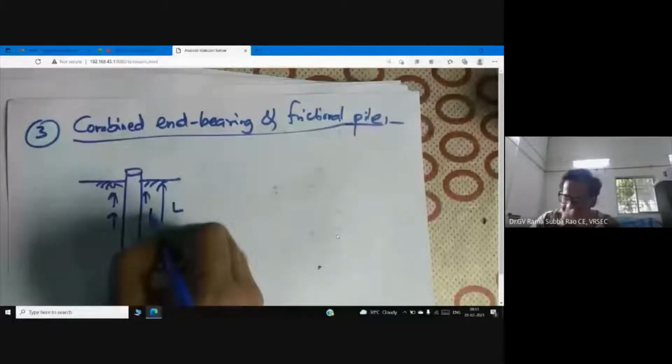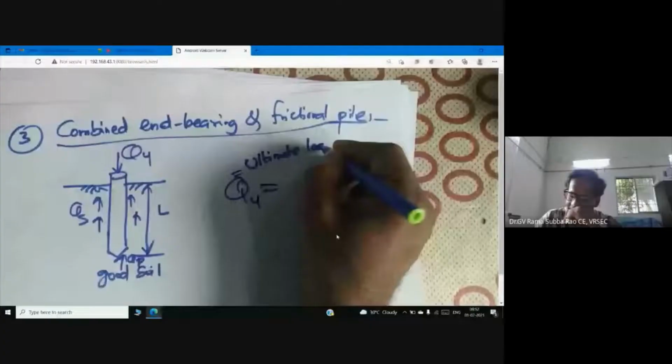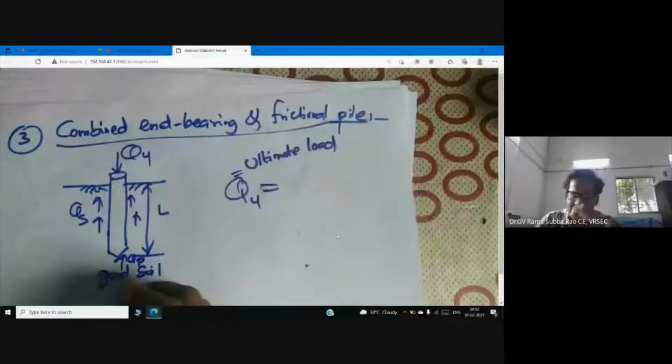Ultimate load is equal to, in this situation, we can definitely take into account both end bearing as well as skin friction. So QU is equal to QB plus QS.